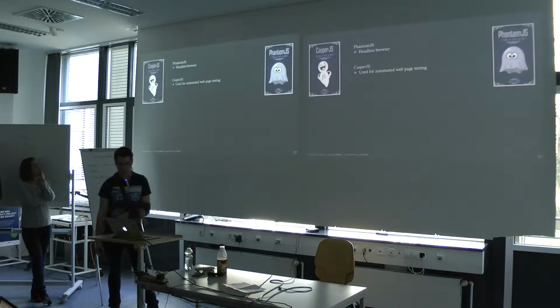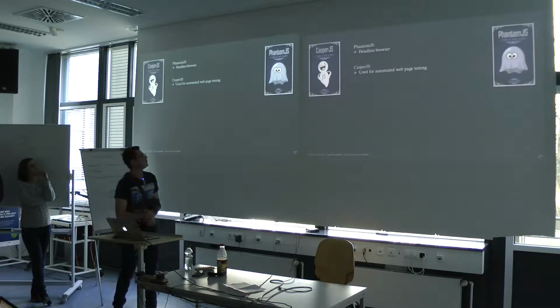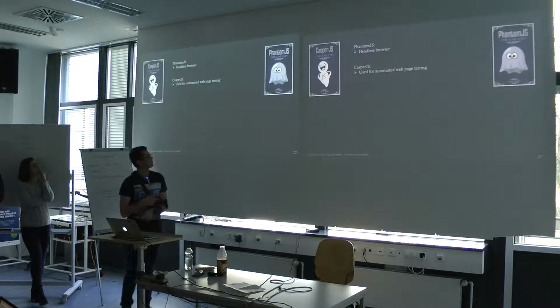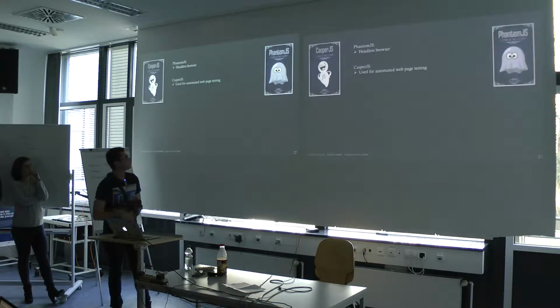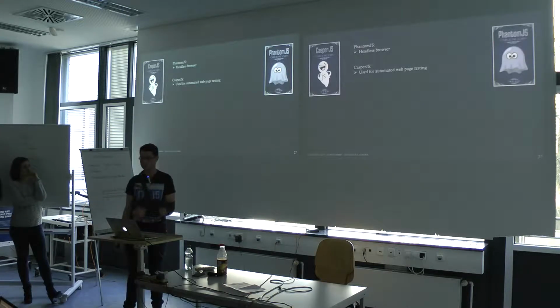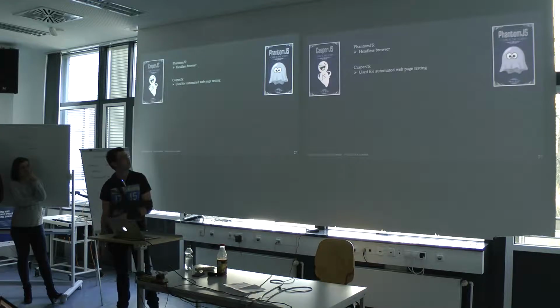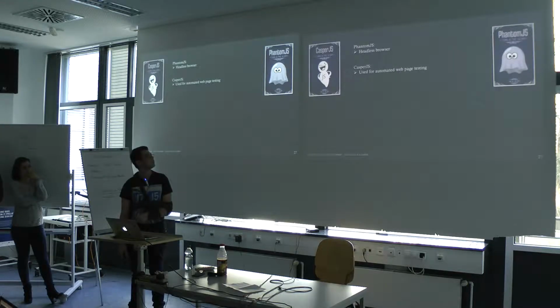So another example, which is not a unit test framework, is in this case Casper.js and Phantom.js. Phantom.js itself is a headless browser. A headless browser is mostly used for testing, or you can also, if you want, do a DDoS attack with Phantom, very easy.